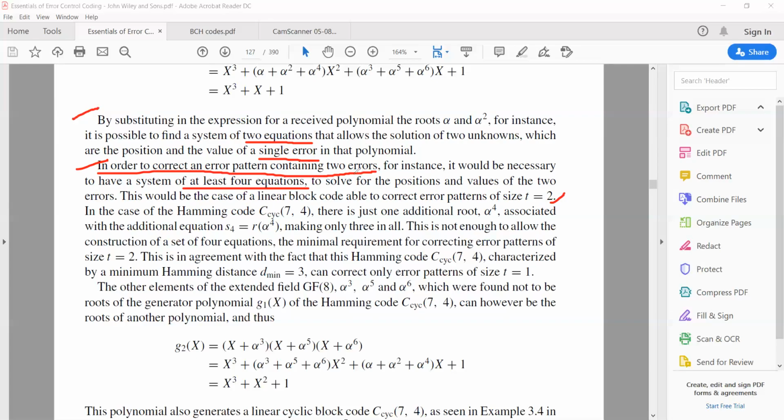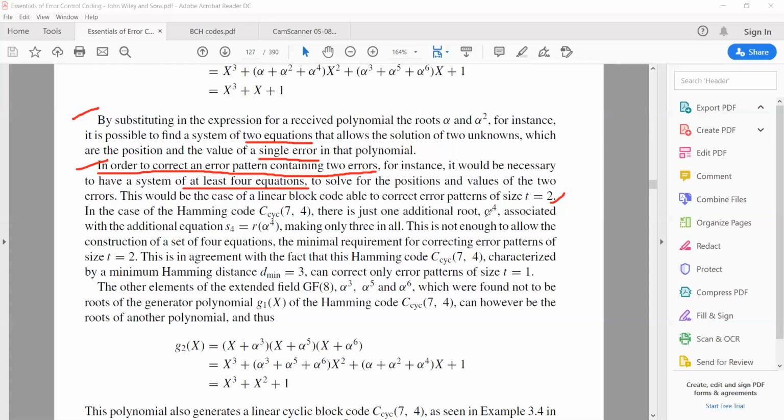Now, when we are concerned about two errors, we need four equations. But four equations means we have to use four roots in four equations: alpha square, alpha to the power 4, and another one. But that one is missing.